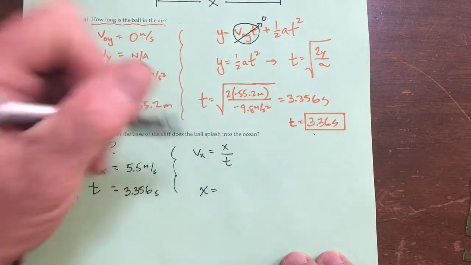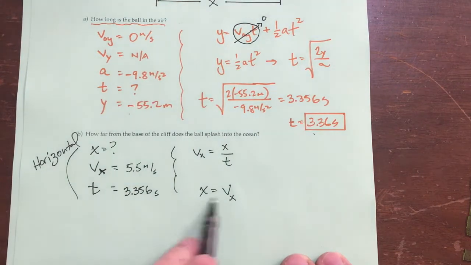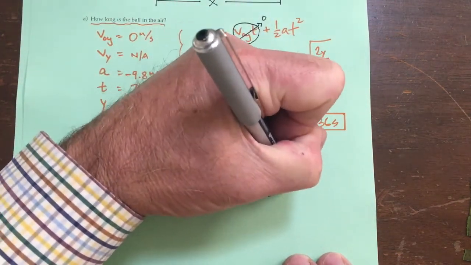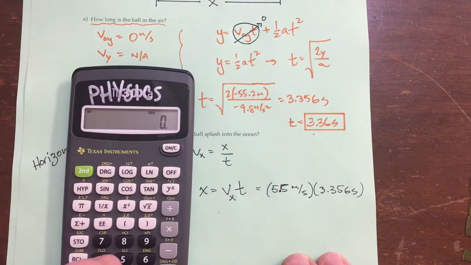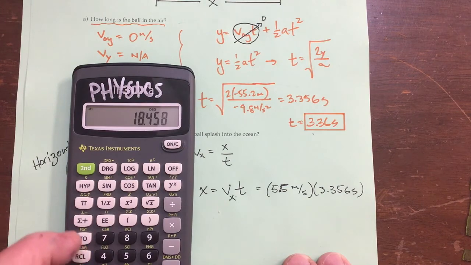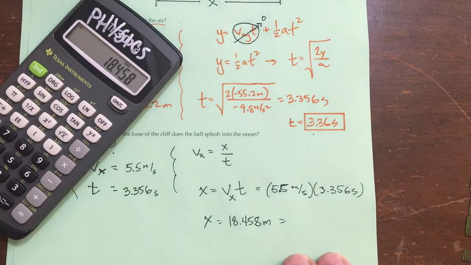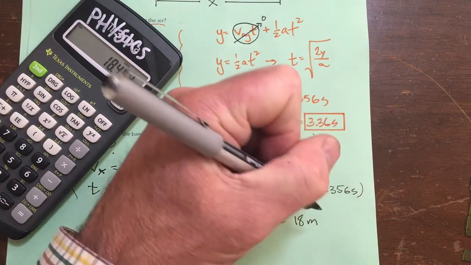And when I do so, I multiply both sides by t, and I get distance equals horizontal velocity times time. Now all we have yet to do is just plug in our values. In this case, I did use a number that was given to me that had 2 sig figs, so I'm going to round this off to 2 sig figs.